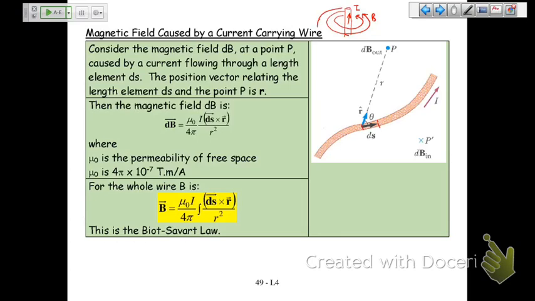So these are all my B lines, B. So basically, if I have my thumb pointing from left to right on this piece of wire, I would expect this to be coming up and out of the page on this side, and down and into the page on that side. So there's my B direction. So it goes up and out on one side and down and in on the other side.